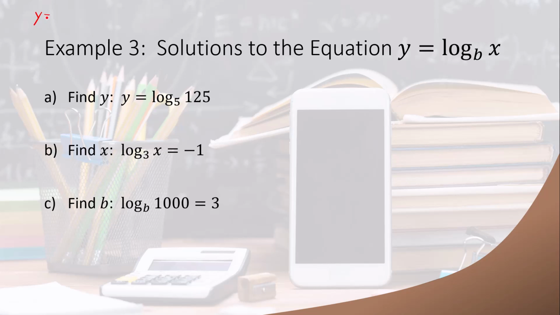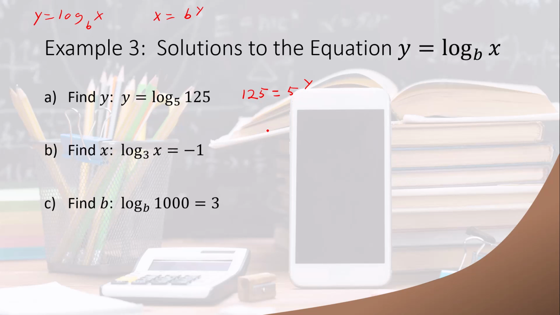We have y is equal to the log base b of x, and that's equivalent to x being equal to b to the y power. Okay, so here we would have x, which is 125, is equal to 5 to the y power. And the question is, what must y be so that 5 to the y is equal to 125?